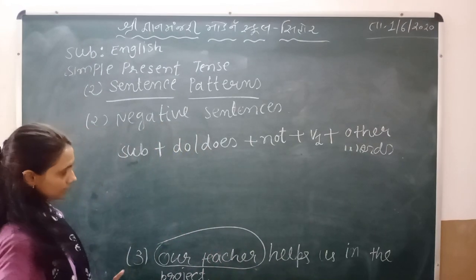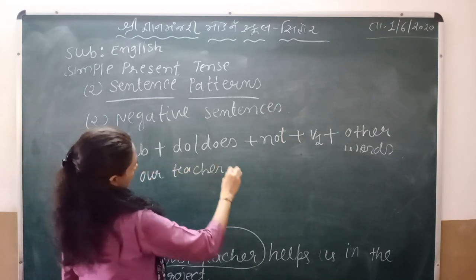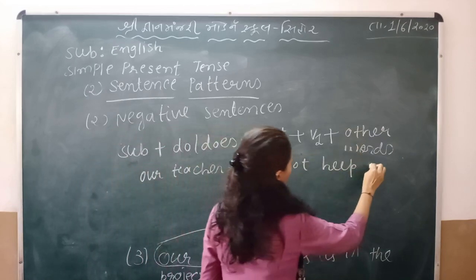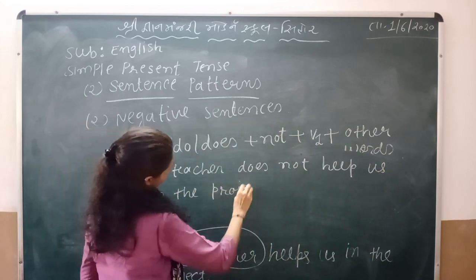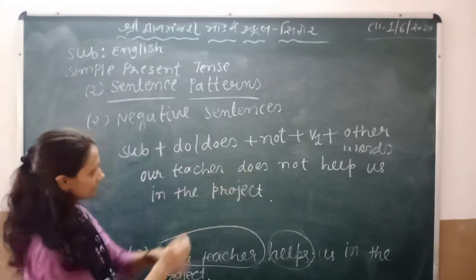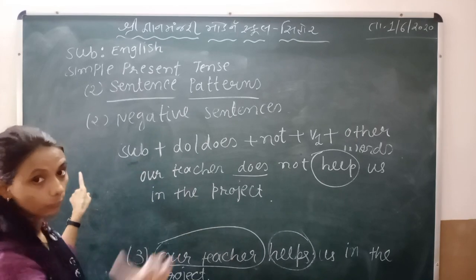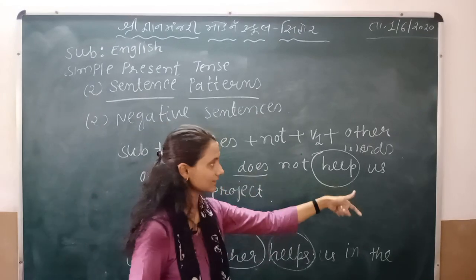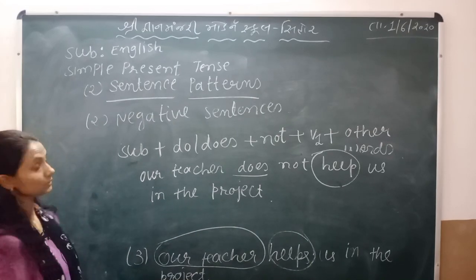So the negative sentence of this is, our teacher does not help us in the project. You can see, here we used s with the verb, and when we use does, we removed s from help. This is what I wanted to tell you: when we use does, at that time we don't use s or es with the verb. Okay, so this is the negative sentence pattern.